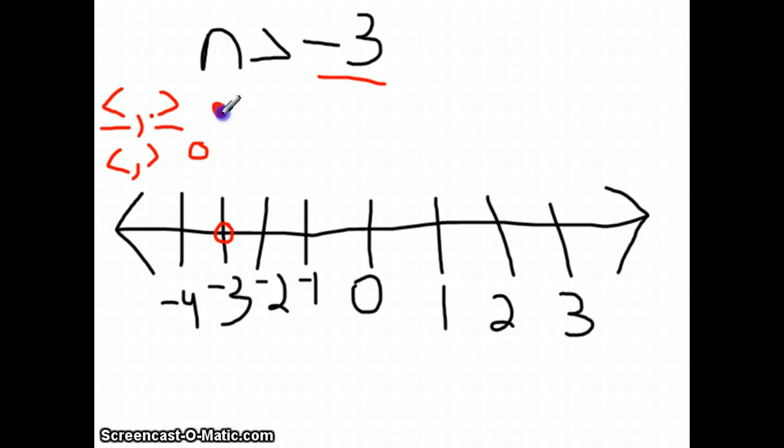But if he was included with the equal to, then he would get his fruit punch. And sorry, I just completely screwed up that circle. So if we look at our number line here, he has no fruit punch in his glass because he's not included in this inequality. So we draw an open circle, and we still draw our same line all the way down, and that includes all the values that are greater than -3.